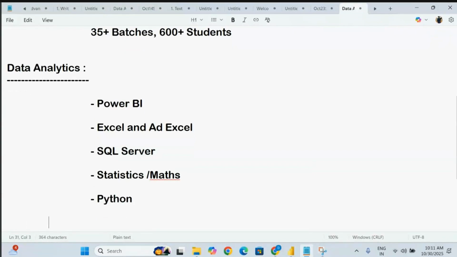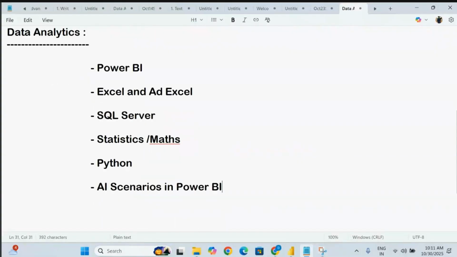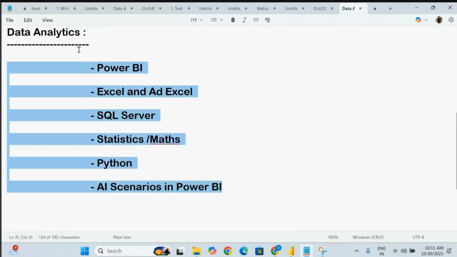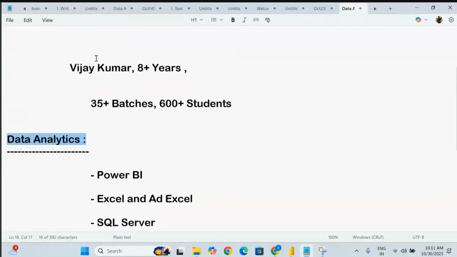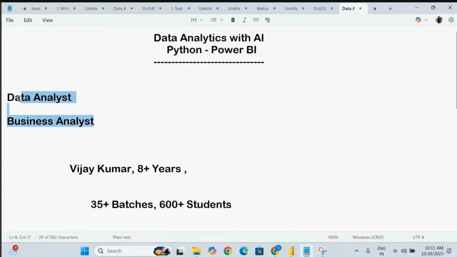Essentials, the important Python things for your data analytics. And next, which is important, AI scenarios in your Power BI. Why we are taking only the Power BI scenarios, we will understand one by one. So these many technologies are going to be covered under data analytics. That is why this full stack is called data analytics.